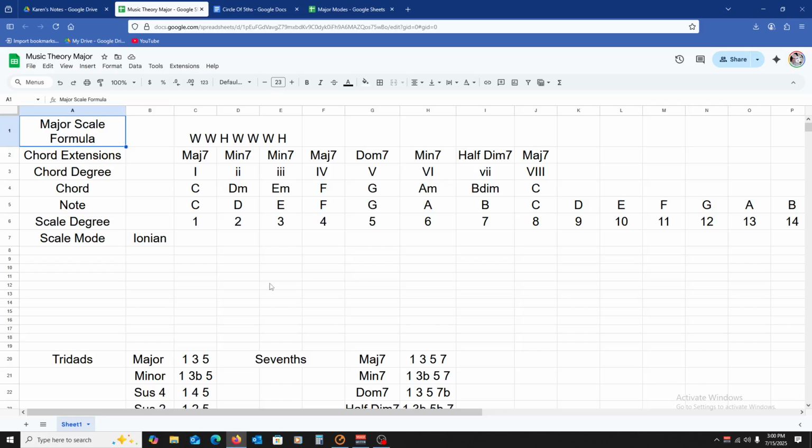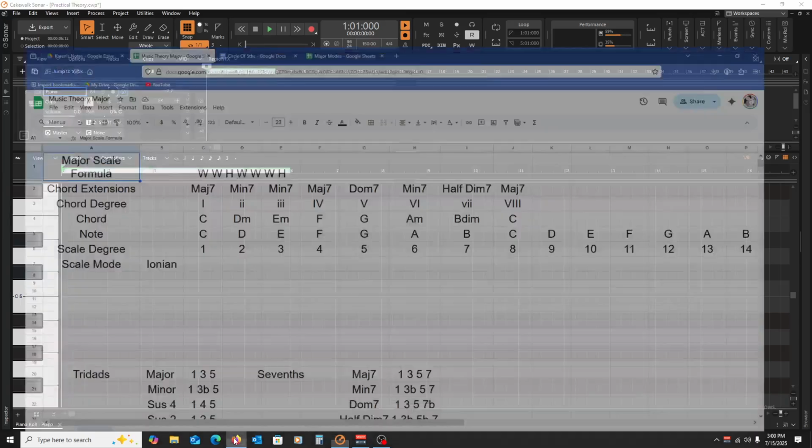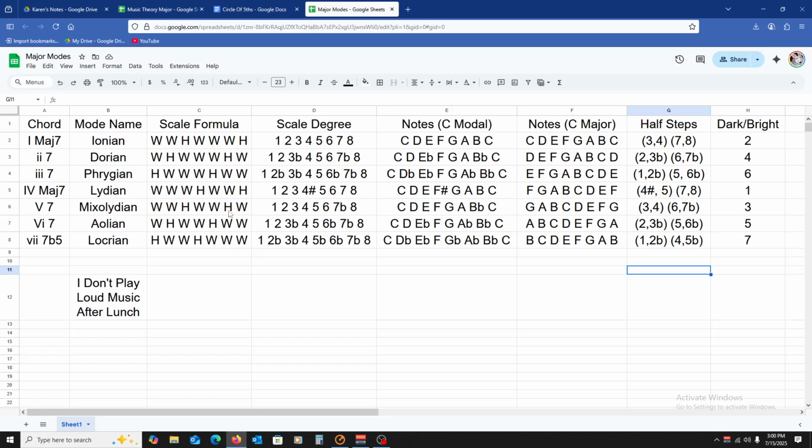Now, we might dive deeper into the individual modes in the future. We'll see. I'm not sure how necessary it really is. I think once you have an understanding of the idea that when we're talking about modes, we're really just talking about scales.